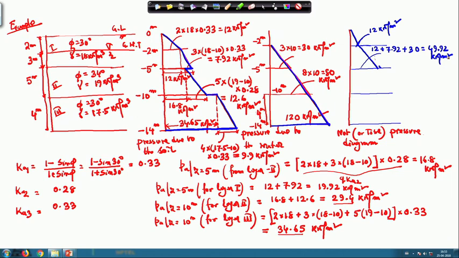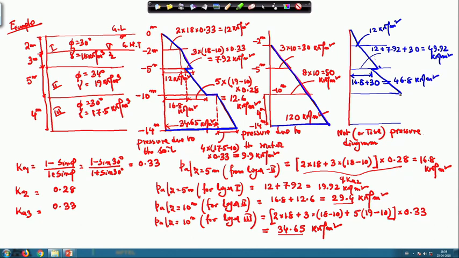And then the next one is 16.8. Okay. So, 16.8 plus 30. So, again this will go this side and then it will increase further. So, this value is 16.8 plus 30, which will be equal to 46.8 kilonewton per meter square.